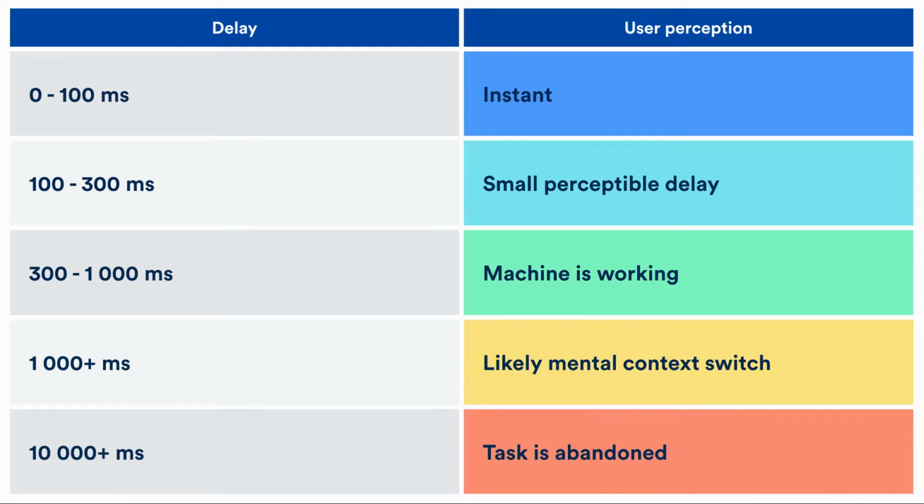And in Atlassian, we understand how important it is to keep users out of the yellow and the red zones. So we invested in performance improvements and toolset to make it possible. In fact, we've been working on performance for years.